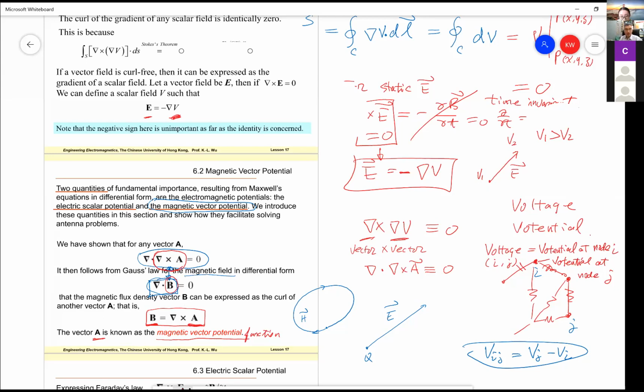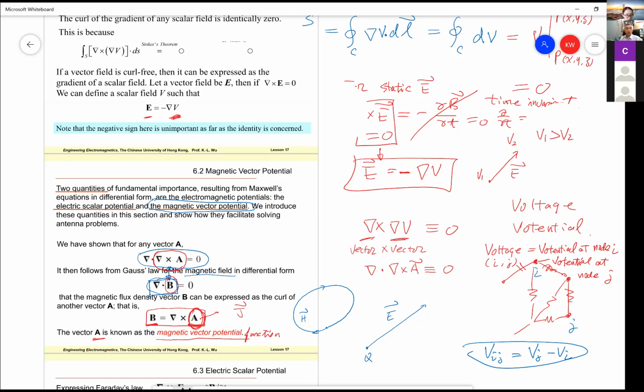From that sense, you don't see the advantage, but later on we can justify that the vector potential A is related to the source current in a very simple way.